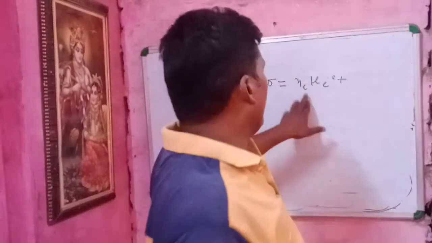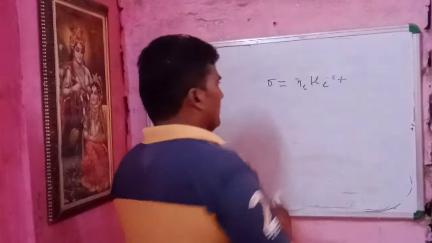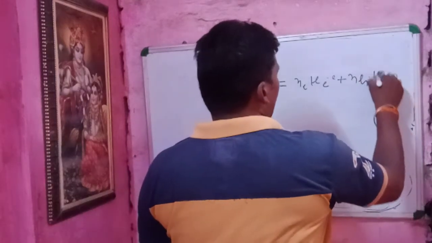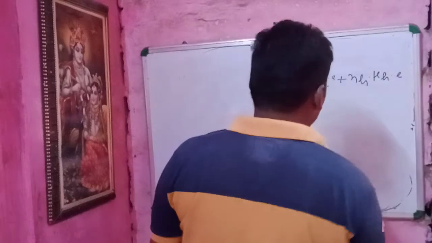Sigma is equal to ne mu e into e plus nh mu h into e.